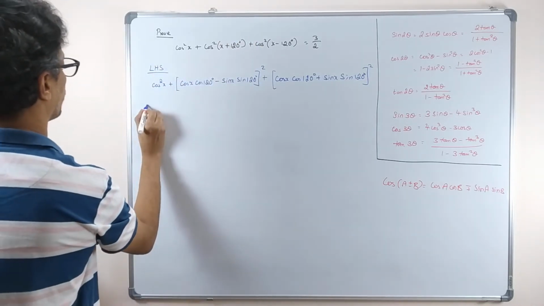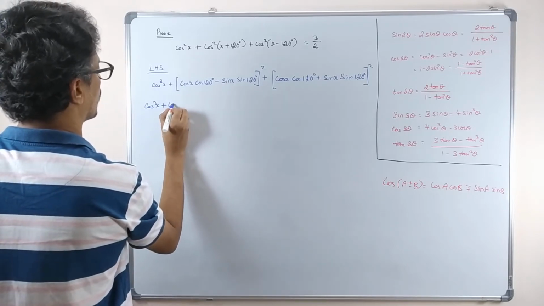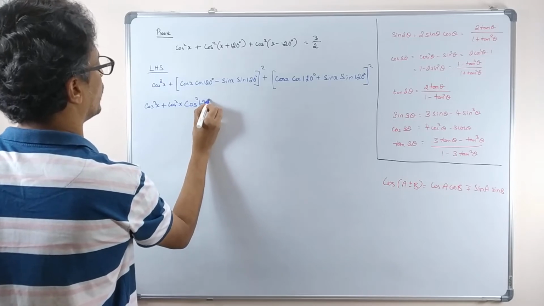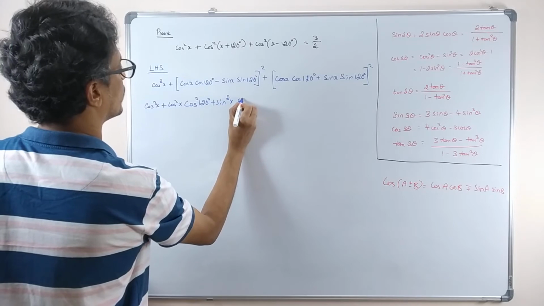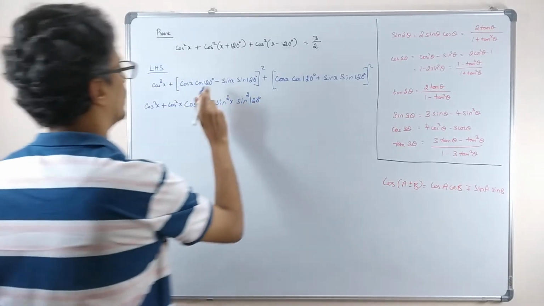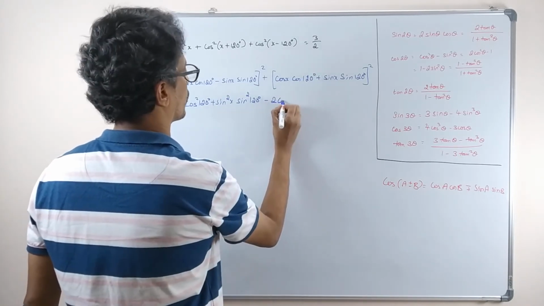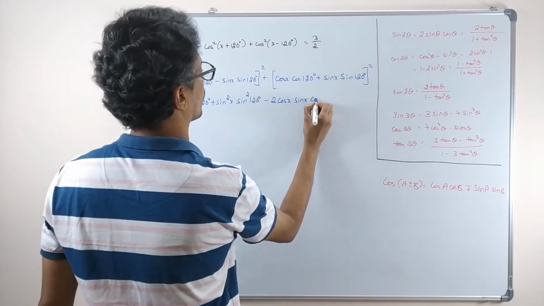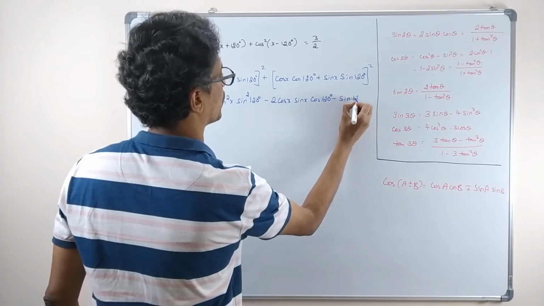So what you're having: cos square x plus cos square x cos square 120 degree plus sin square x sin square 120 degree. Okay, and this is minus, so it will become minus 2 times cos x sin x cos 120 degree sin 120 degree.